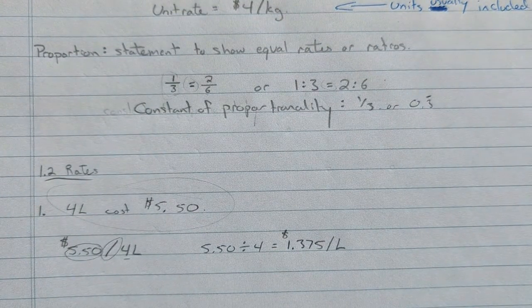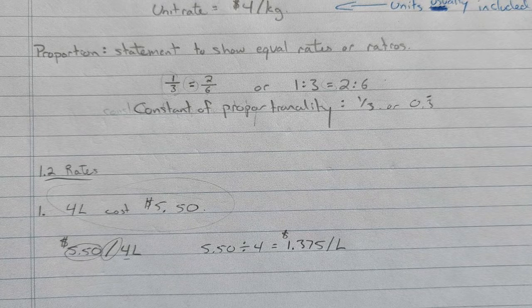Oftentimes when we're doing comparisons with unit rates, it's important to leave more decimals, especially in dollar amounts. If you went to the grocery store and were looking at a comparison, oftentimes you'll see on the price tags of items so many dollars per 100 grams or per unit. When they have things that come in multi-packs, like if you were to buy boxes of Kleenex, there might be a 2-pack, there might be a 10-pack, and then it compares the prices per box.